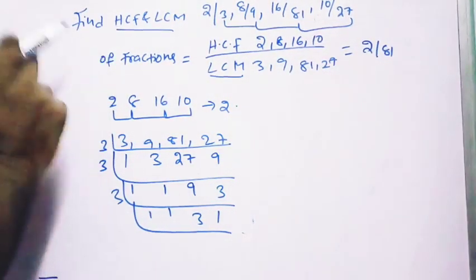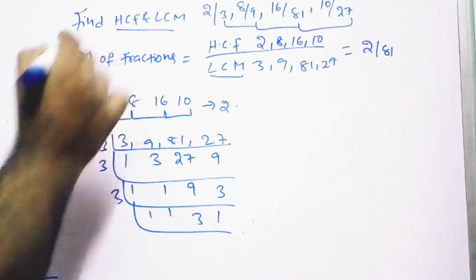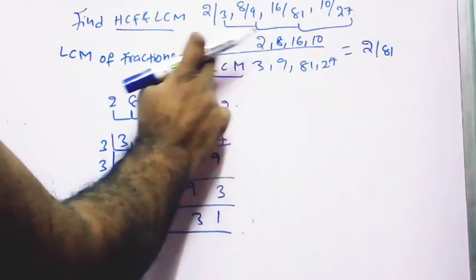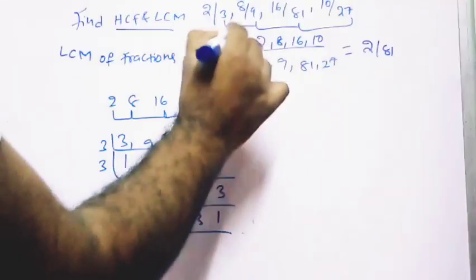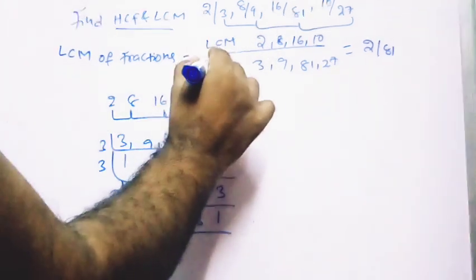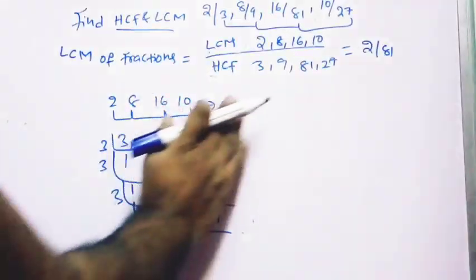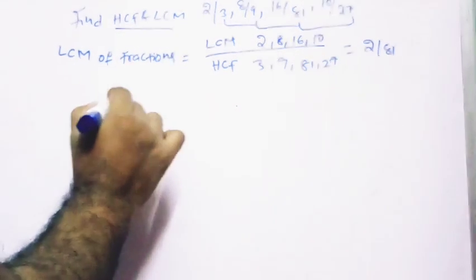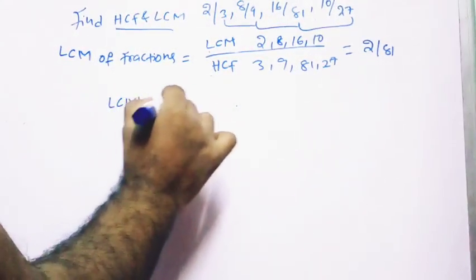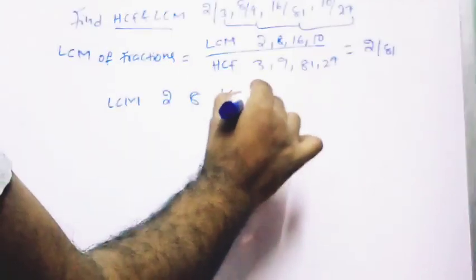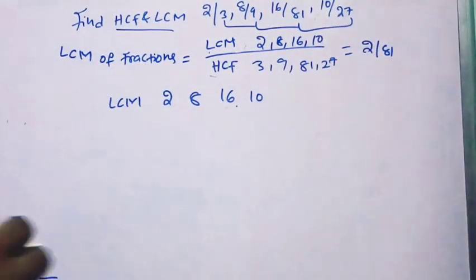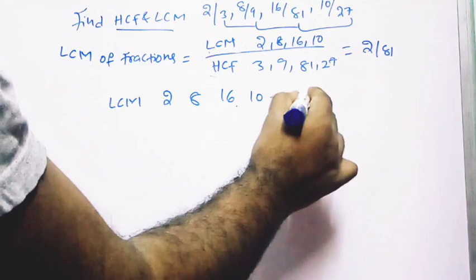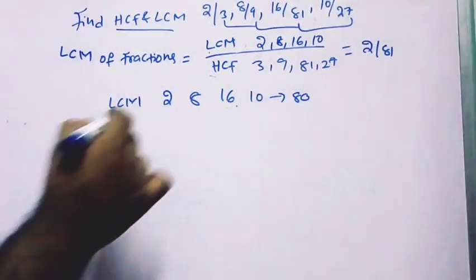For the LCM of fractions, here we'll take the LCM of numerators and here we'll take the HCF of denominators. In the same way, for example, the LCM of 2, 8, 16 and 10. So how much does it come to? In the previous method, it comes to around 80.